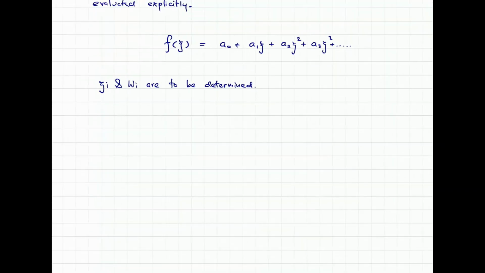First case, if f of c is a linear function, so f of c is equal to a0 plus a1 c.